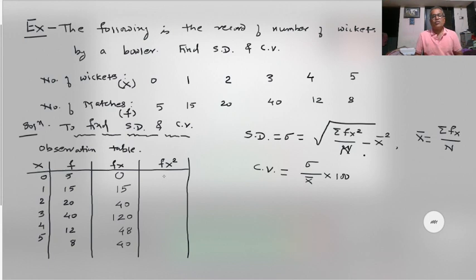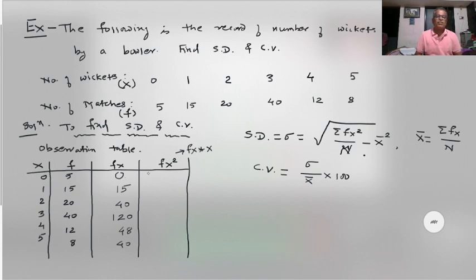Again we prepare a column of fx square. Fx square means fx multiplied by x.